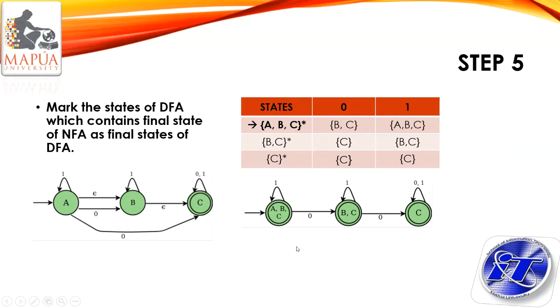If it's 0, we go to a new state which is BC. At BC, if it's 0, go to C. If it's 1, we loop within itself. At C, any value loops within itself. We combine all the states here to form new states: ABC is a new state, BC is a new state. This will be our final DFA.